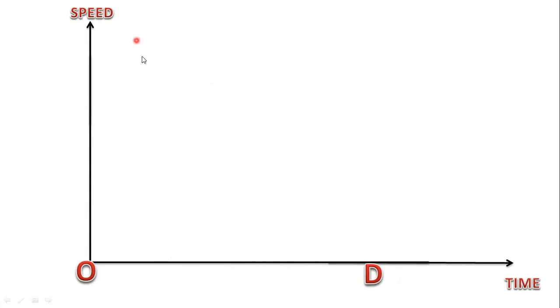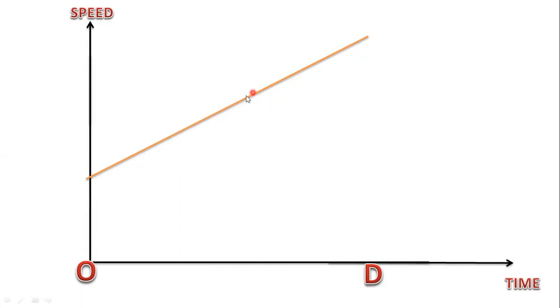Now, after drawing these two lines, we will draw another line, which is the line of acceleration. As we know, the rate of change of velocity is called acceleration. With the passage of time this line goes upward, so the velocity is increasing uniformly.